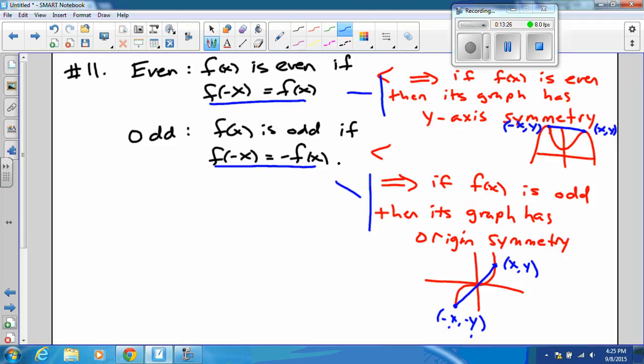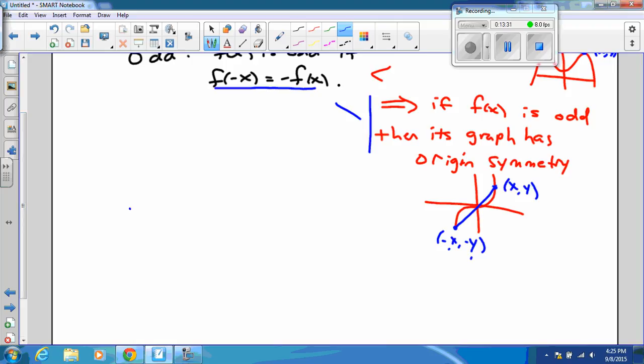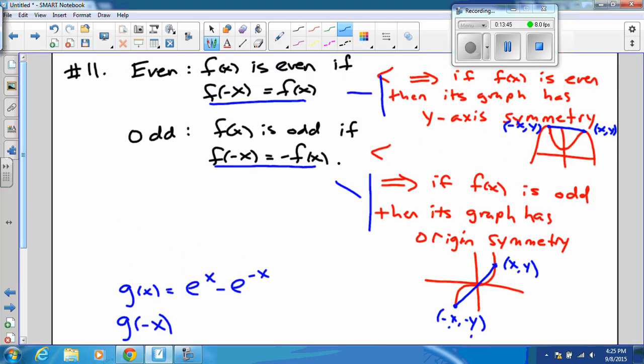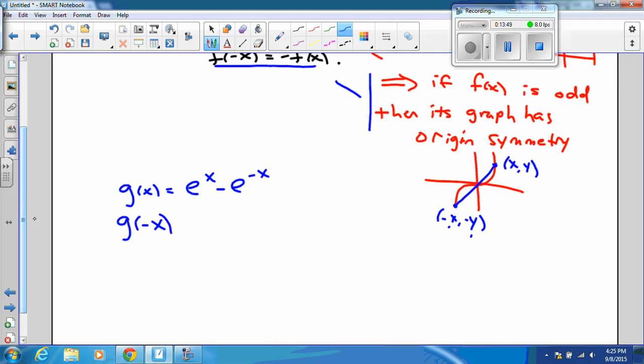So now, I have to evaluate these three functions for evenness or oddness. And the way that I will do that is to appeal to the definition. I'm going to check g of negative x, and I'm going to see whether g of negative x is in fact equal to g of x, or the opposite of g of x, or neither one.